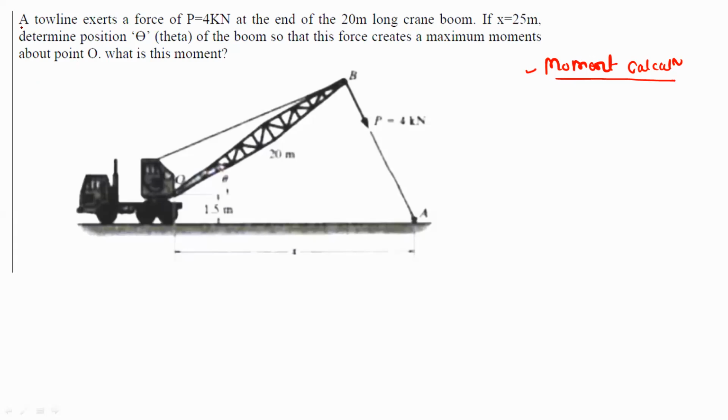A tow line, this is the problem statement. Tow line exerts a force of P is equal to 4 kilonewton. So this is the 4 kilonewton. At point B, at the end of 20-meter long crane boom. So this is called a crane boom.